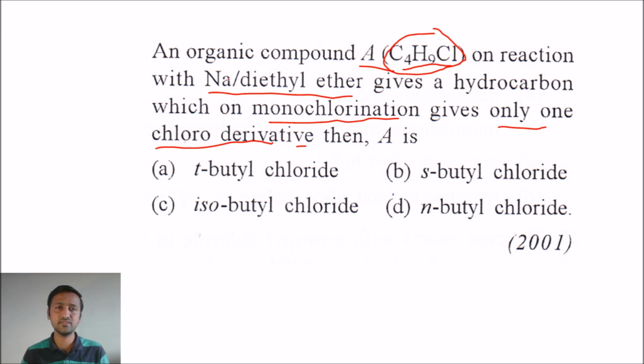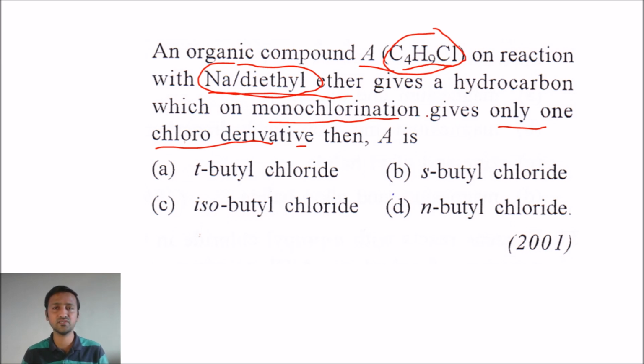Now just see the reaction here. Reaction with sodium in the presence of diethyl ether. We already know the reaction of alkyl halide with sodium metal. It's a named reaction called Wurtz reaction. In Wurtz reaction we get formation of higher alkanes. It's a type of coupling reaction.